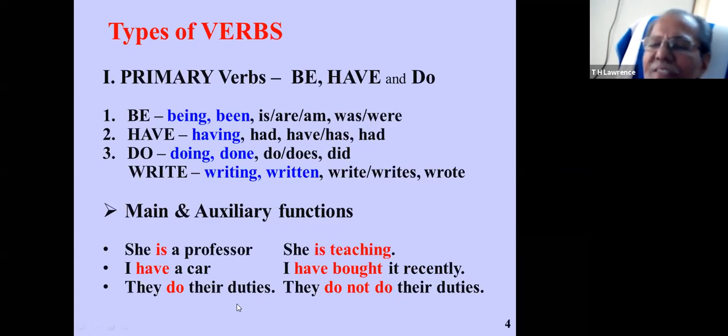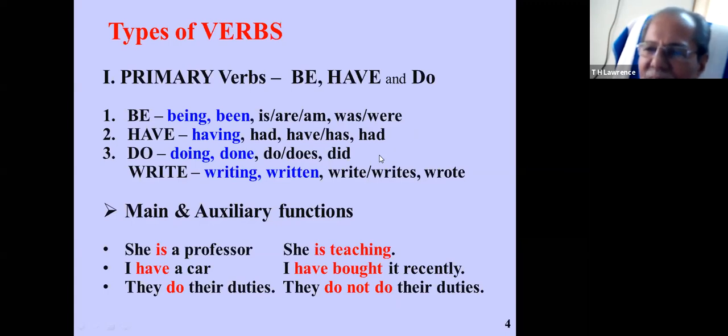Okay, this is how we understand how the primary verbs, that is be, have, and do, can function as both main and auxiliary verbs. Now, is, are, am, was, were, these are the verbs that can be used as main and auxiliary. Had, have, has, had.